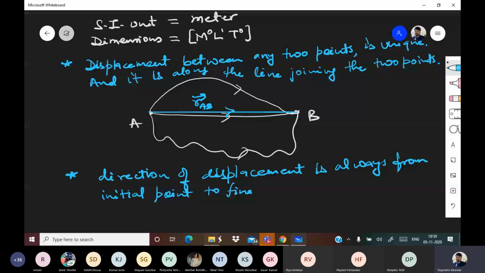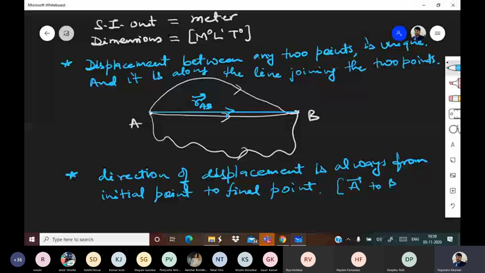Okay, direction of displacement is always from initial point to final point. That means in this case it is from A to B. Okay, next point.